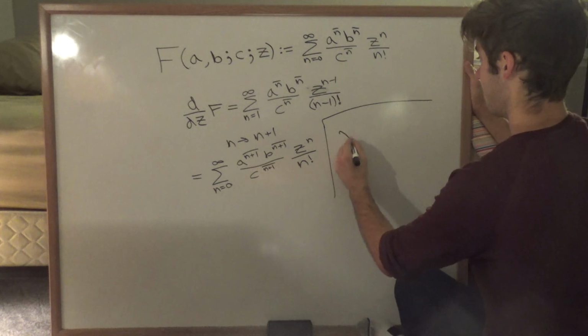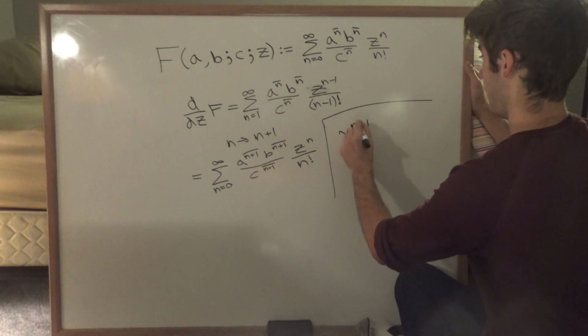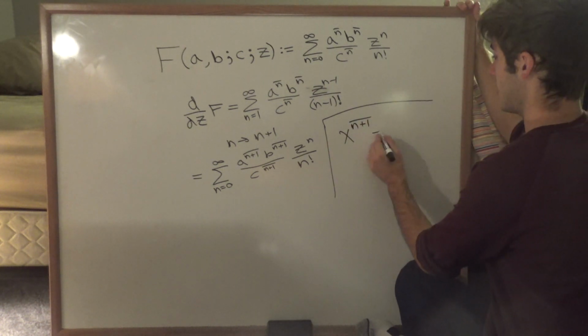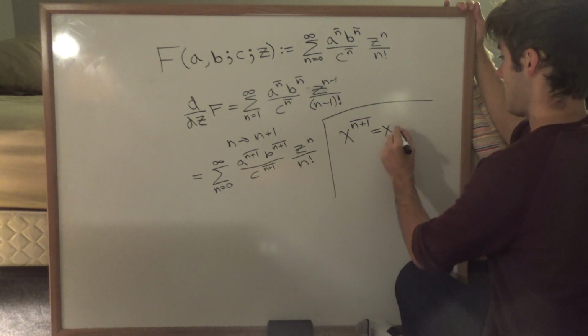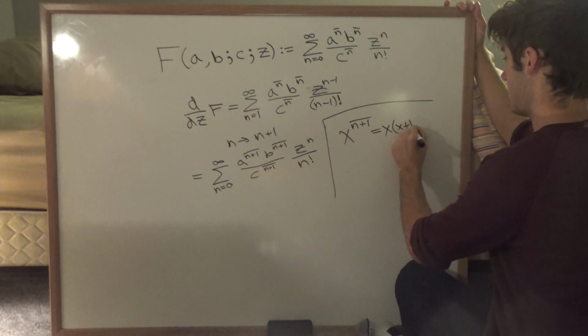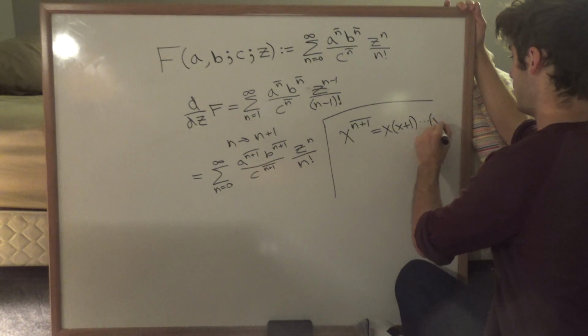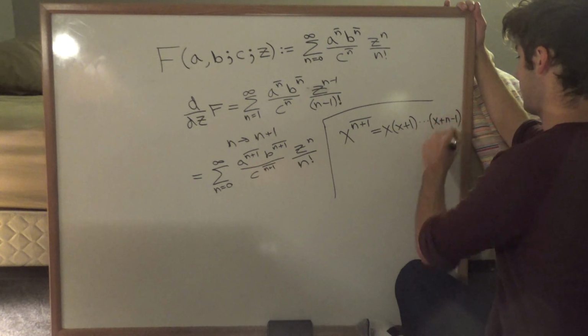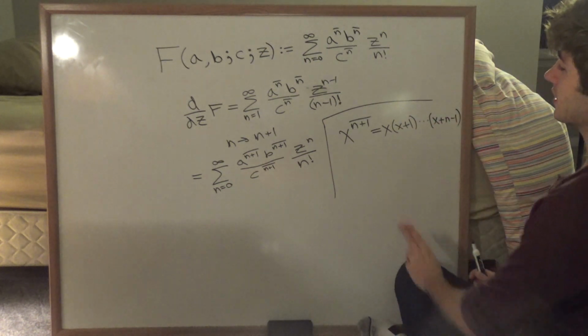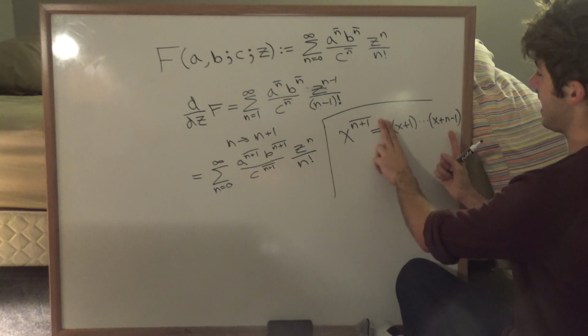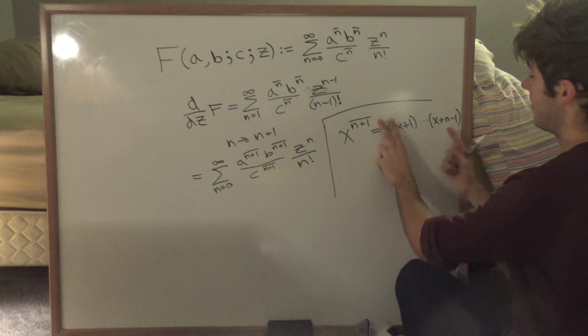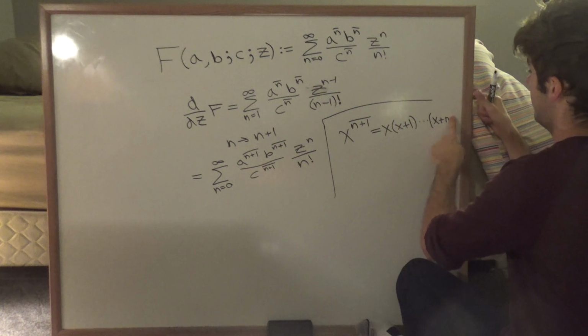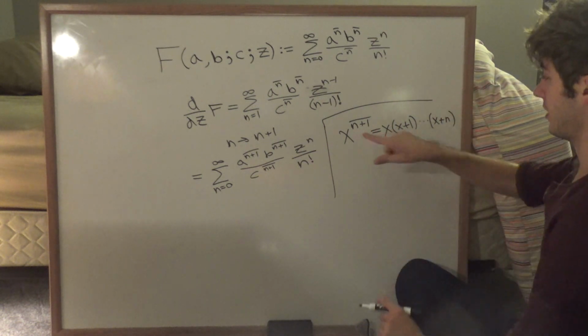Consider the n plus first rising factorial of x. Well, this is just x times x plus 1 all the way up to x plus n, my bad, because we're plugging in n plus 1.